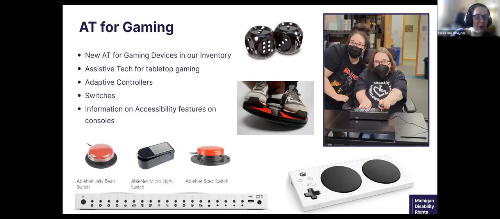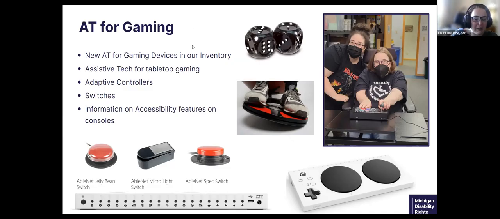The AbleNet micro light switch is something that might work if somebody has a very light touch. And then there's the AbleNet spec switch. These all depend on what the person needs, so we would look and see what would work best for you in terms of switches and things like that.